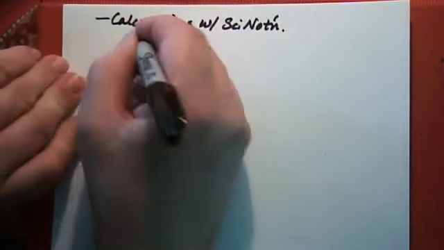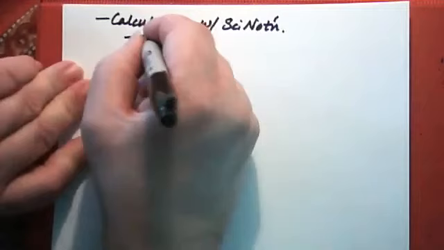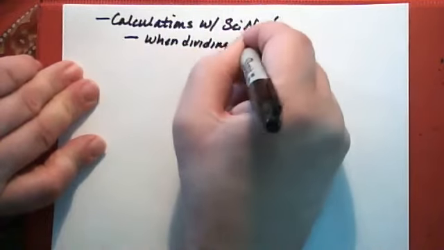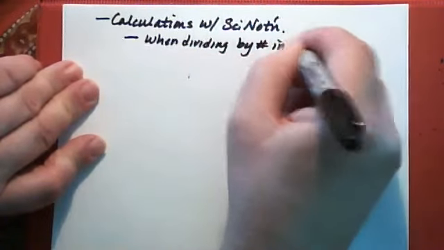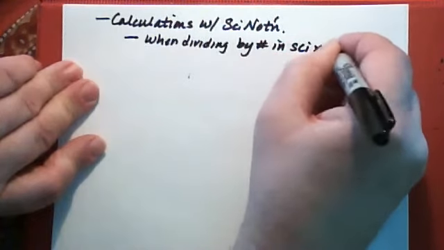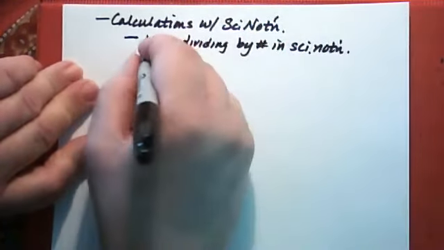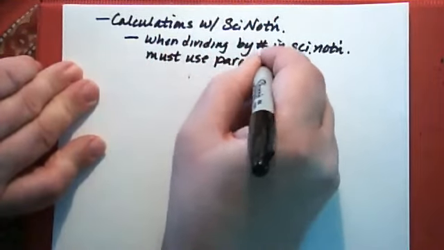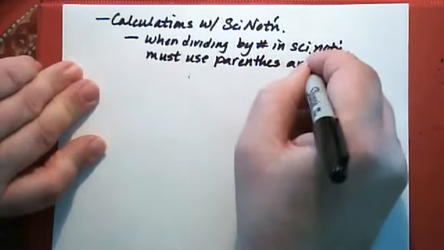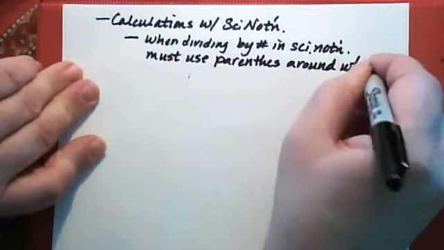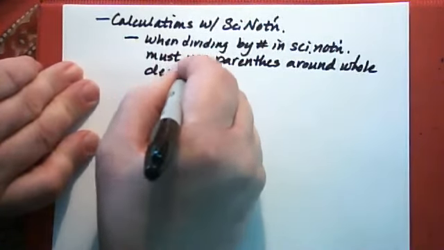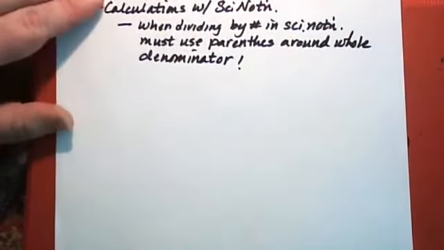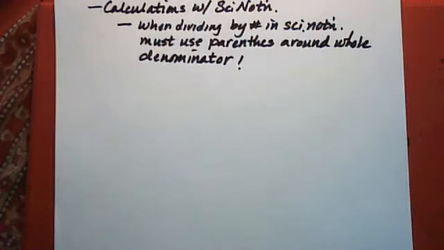One thing to remember, though, when doing calculations with scientific notation on a calculator is that when you're dividing by a number in scientific notation, you have to use parentheses around the whole number in the denominator.